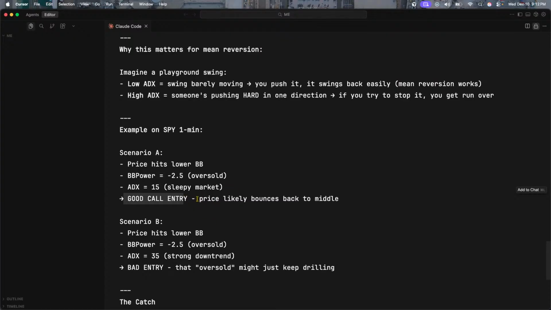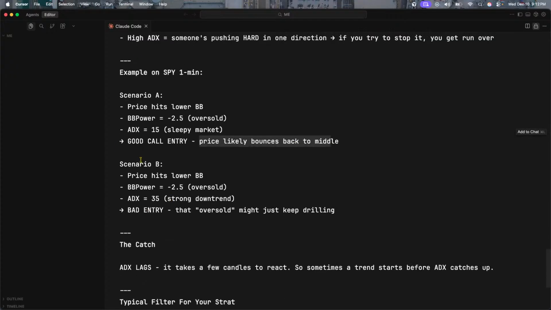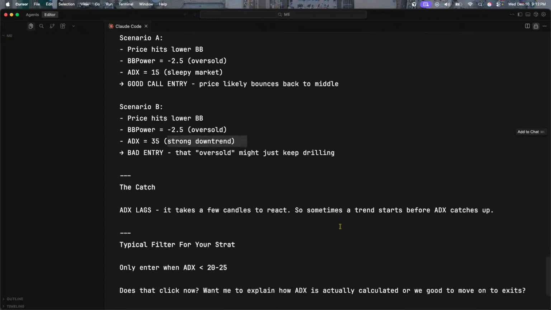So we're going to enter because the price is likely to bounce back to the middle, back to the average. Scenario B, the price hits the lower Bollinger Band, the BB power is -2.5, but the ADX is 35, a strong downward trend. Bad entry. It's oversold, but it just keeps drilling, right?